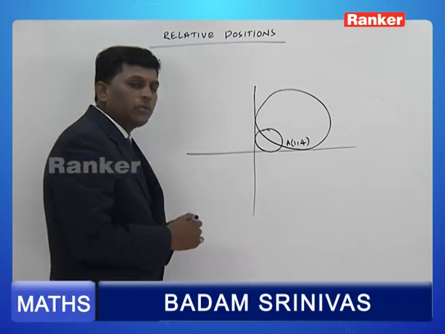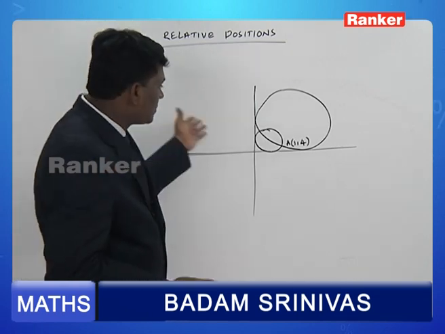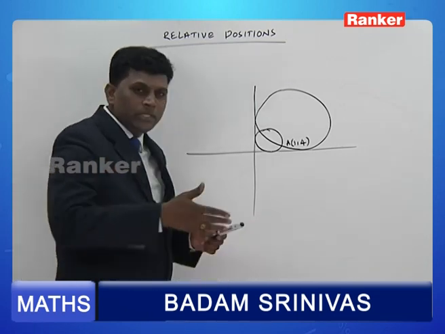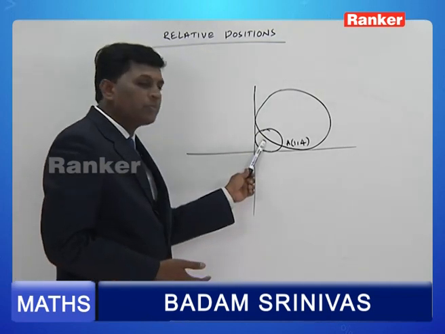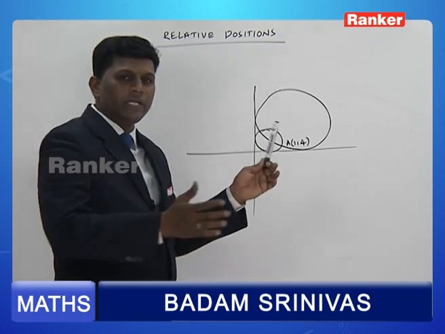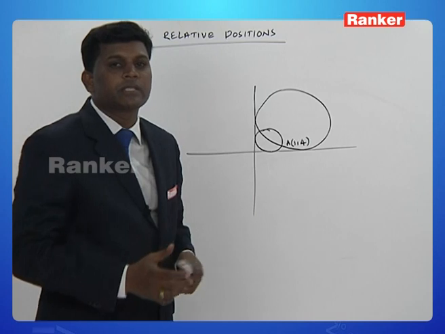Now, we have to find out the other point of intersection, the length of the common chord, the line joining their centers, the equations of both these circles, etc. Various types of problems we can solve very comfortably by using the previous concept.